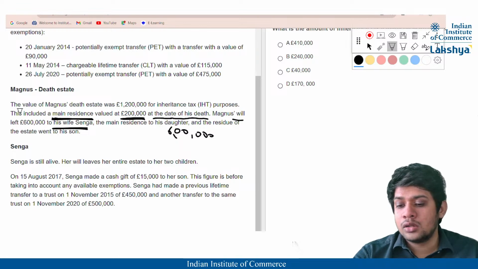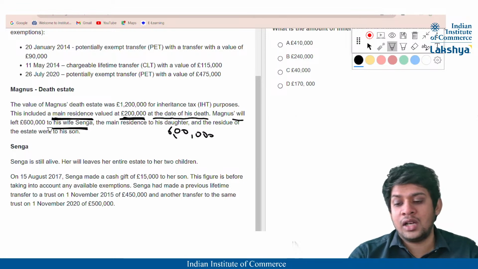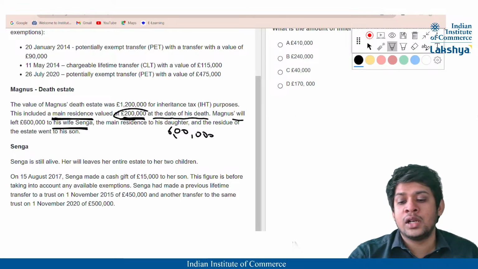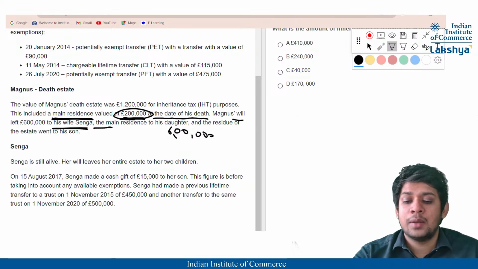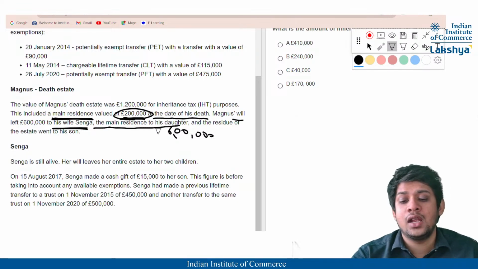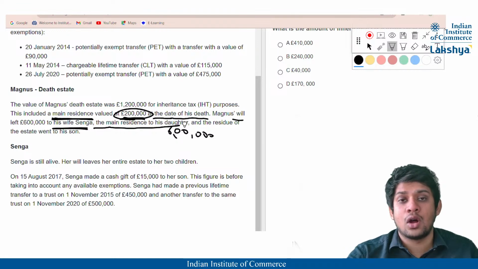Magnus's will left the main residence valued at 2 lakh to his daughter.